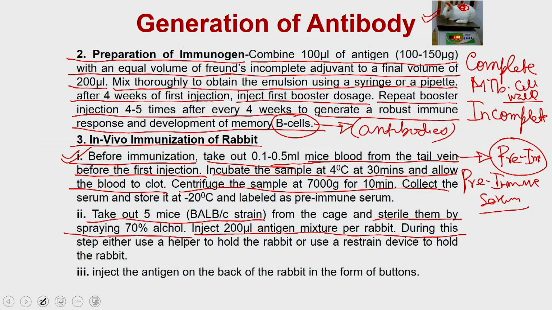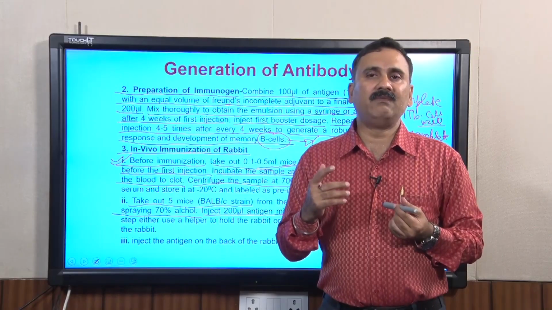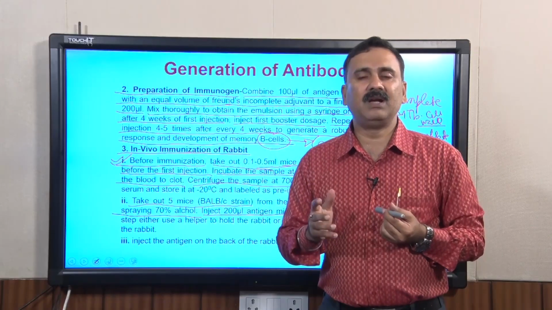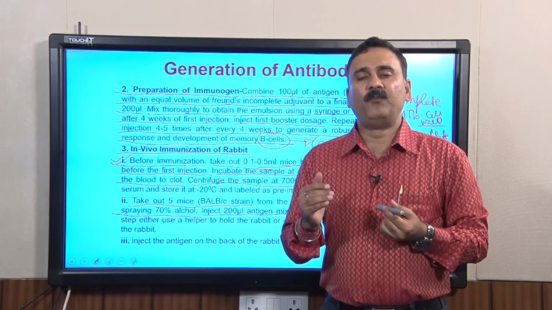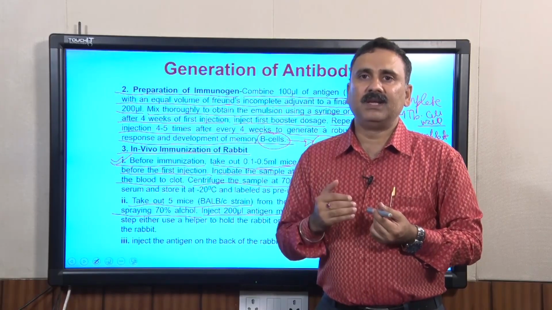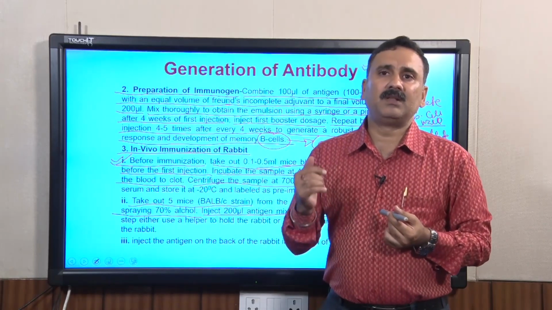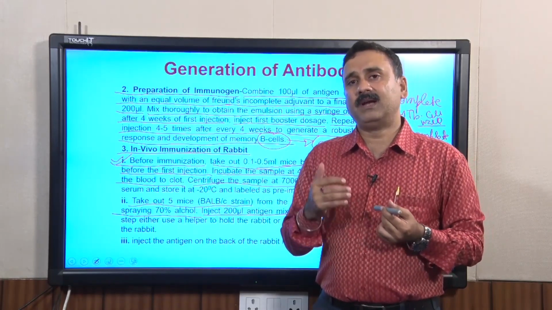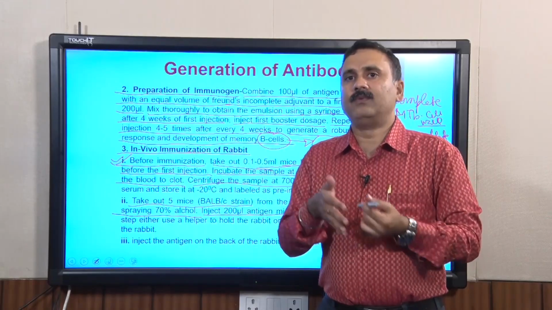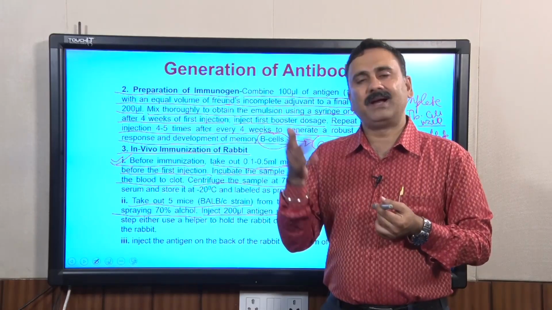In those cases, once they develop an abscess, the mice or rabbit has huge difficulty in walking. Why do people inject into the foot paw? Because in those cases the immune response is better, but the rabbit is under more discomfort, and that is why I strongly recommend that we inject the antigen on the back side of the rabbit.